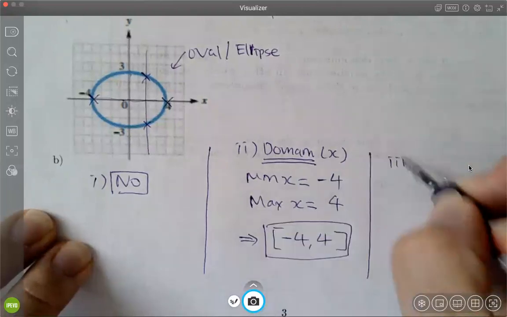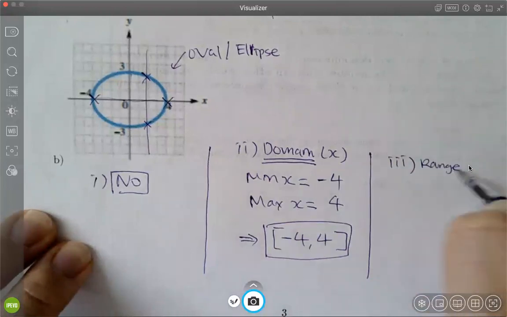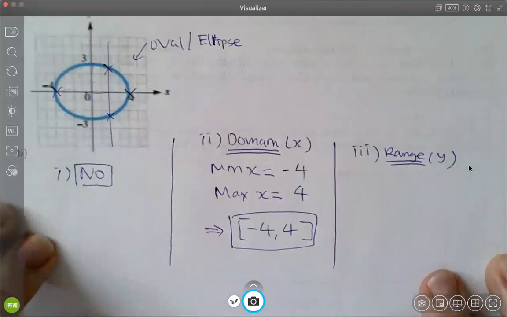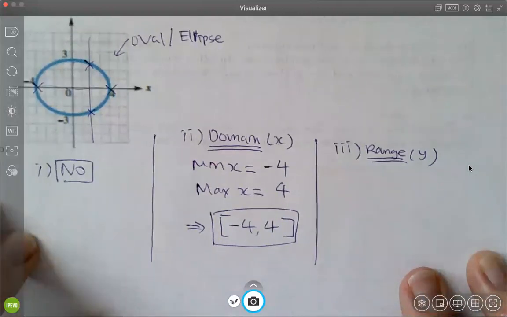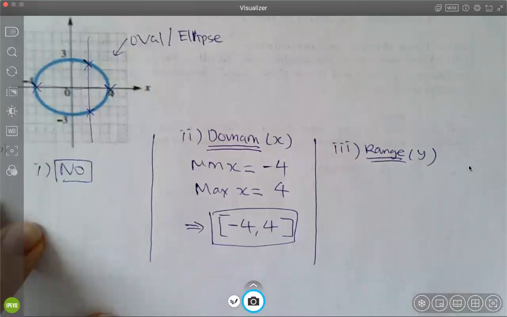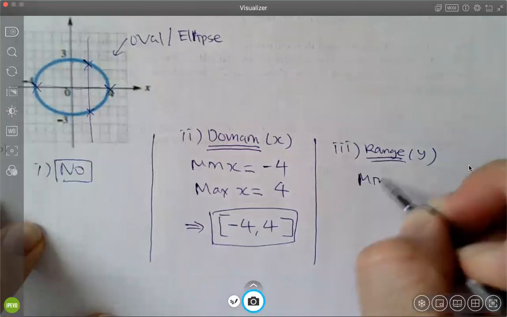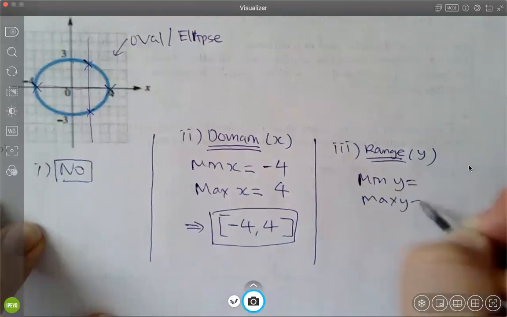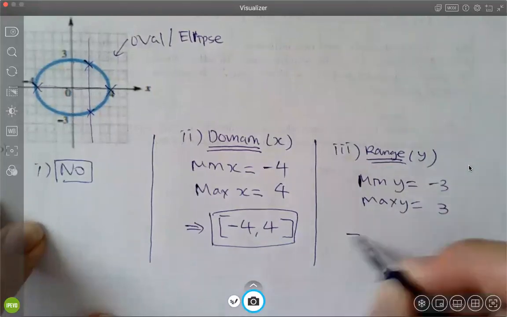Okay, and now, can you see what the range is for this graph? 3, -3. Okay. Now 3, -3, but which number has to come first? I thought you said it didn't matter.